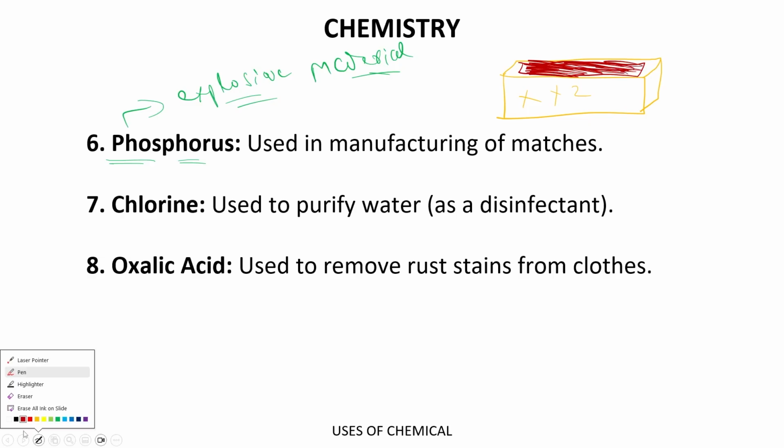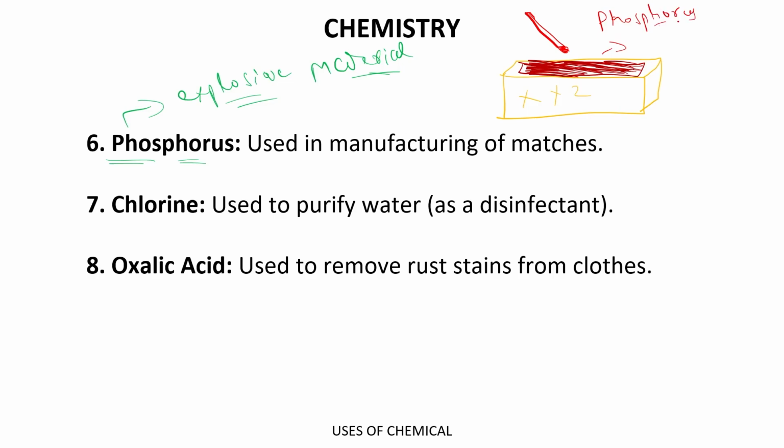On which you are required to rub the matchstick, and then the matchstick will start to glow or catch fire. Okay, so this brown surface on which you are rubbing the matchstick is basically phosphorus. And also the stick top is phosphorus. So this is the use of phosphorus in matchboxes.